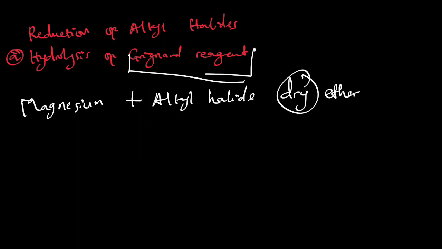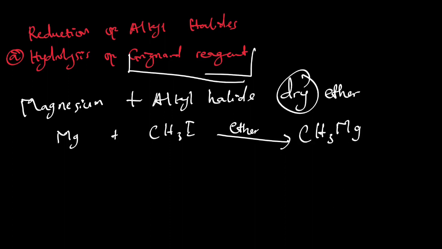Take note of dry. So in the presence of dry ether, right? So let me tell you how this is formed. So this is magnesium, right? An example of alkyl halide can be CH3 halide. Let's go with I, that is iodine, something like that. So it's just in the presence of ether.